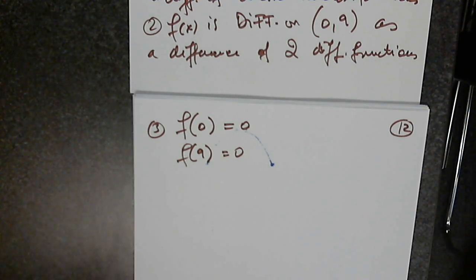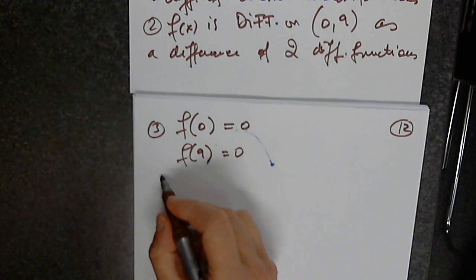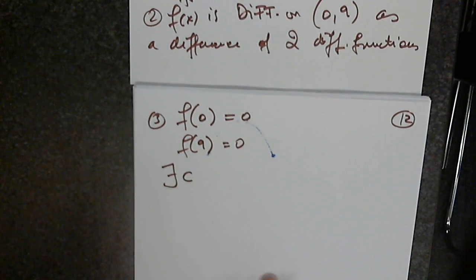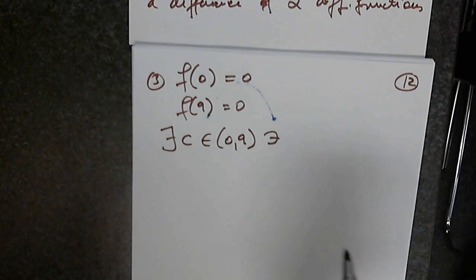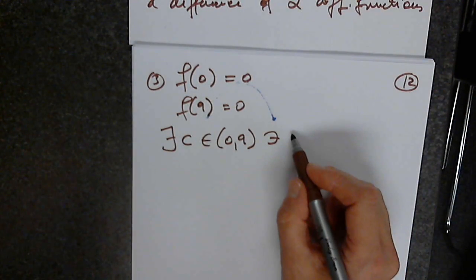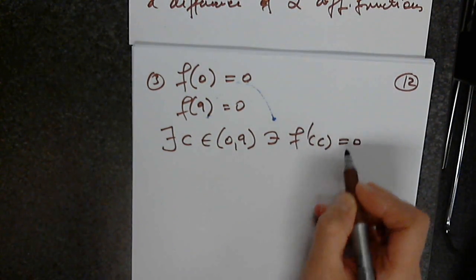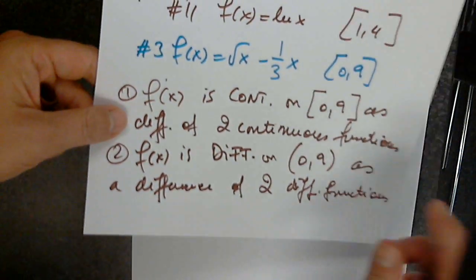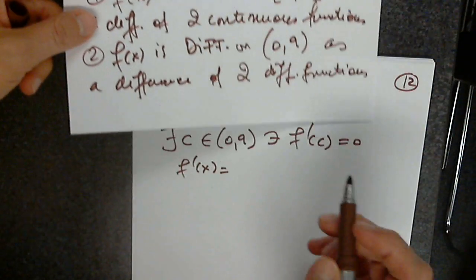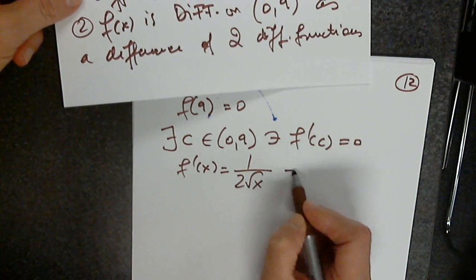What do I conclude? There exists a c, at least one, in the interval (0, 9) such that f prime of c is 0. So I have to find f prime of x first. f prime of x will be 1 over 2 the square root of x minus 1/3.